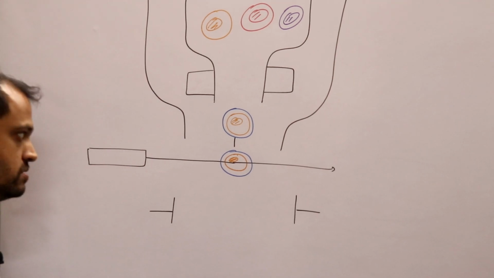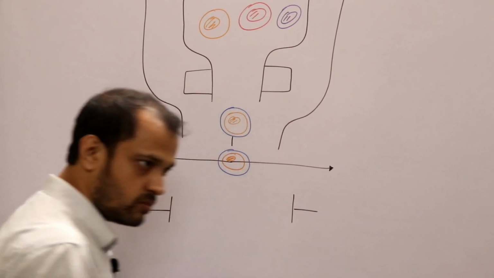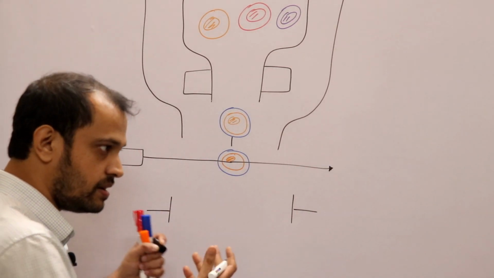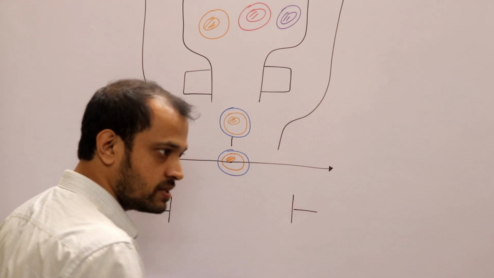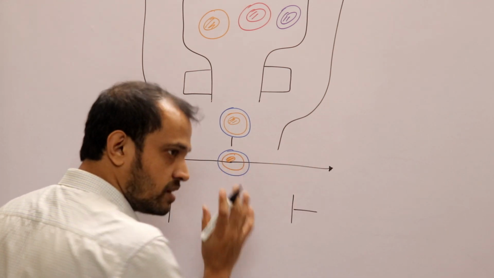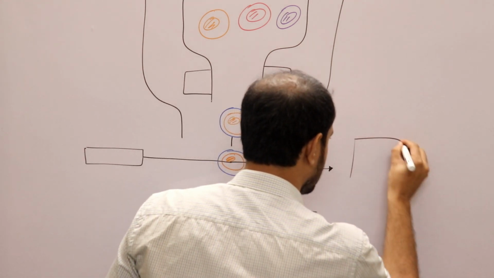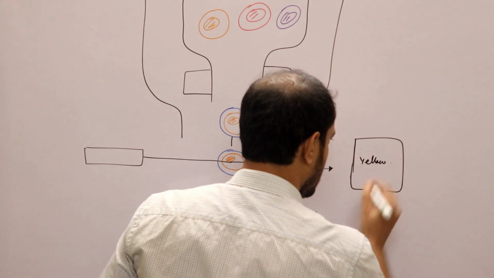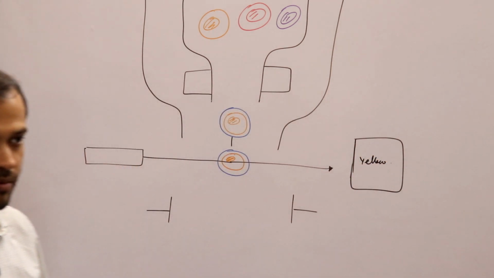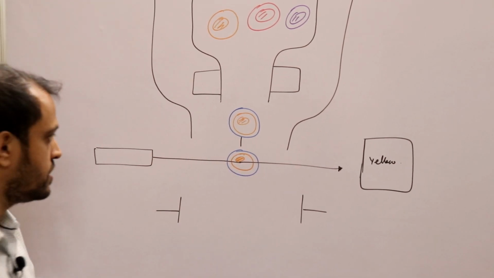When the laser interacts with the cell, the computer knows, by the interaction of the cell and laser, that this is the yellow colored cell. The computer is now very much aware that this is a yellow colored cell. It is very important from your point of view to understand how this cell becomes charged.